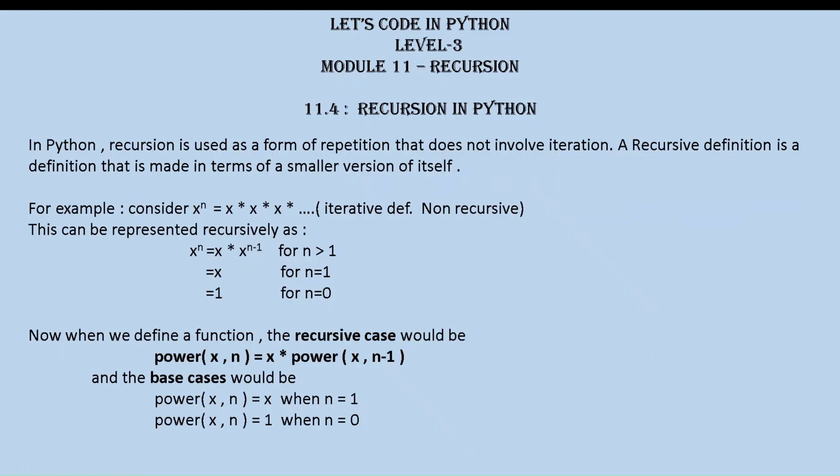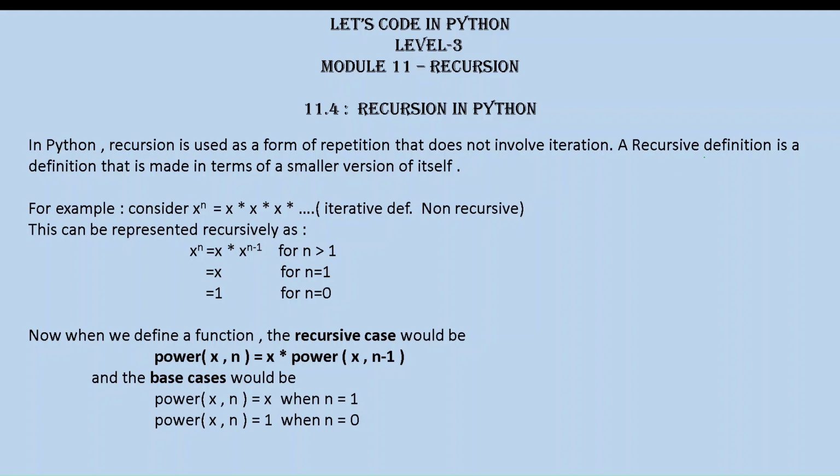All right. Next, in Python, recursion is used as a form of repetition that does not involve iteration. So there's a slight difference between what iteration is and what form of repetition recursion is.